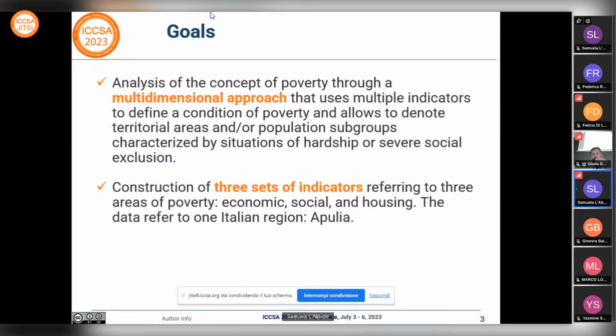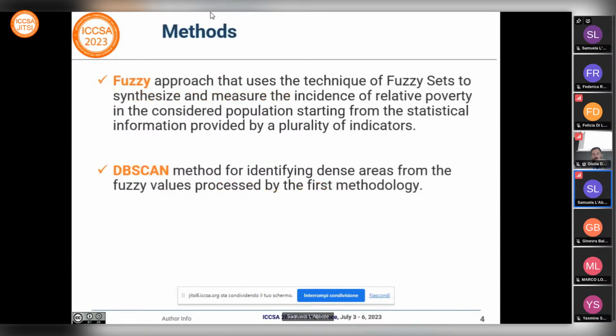The data refer to one Italian region, Apulia, and 2 methodologies were adopted to study the data. The first is based on the fuzzy approach that uses the technique of fuzzy sets to synthesize and measure the incidence of relative poverty in the considered population, starting from the statistical information provided by a plurality of indicators. The second is based on a cluster analysis algorithm, the DBSCAN method, for identifying dense areas from the fuzzy values processed by the first methodology.